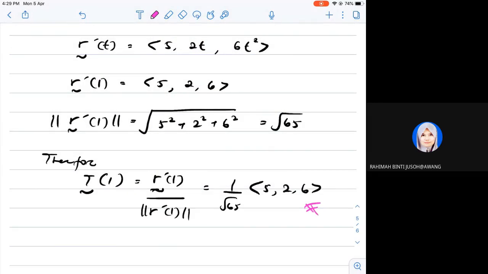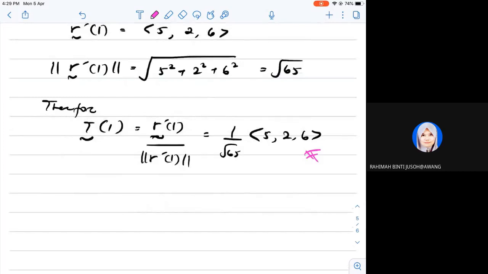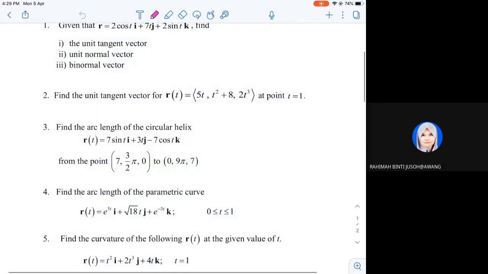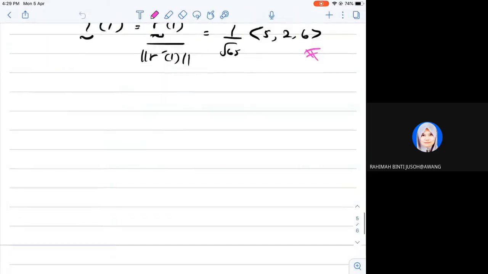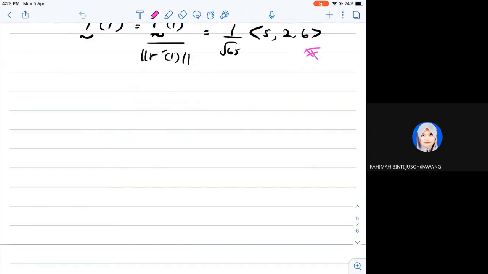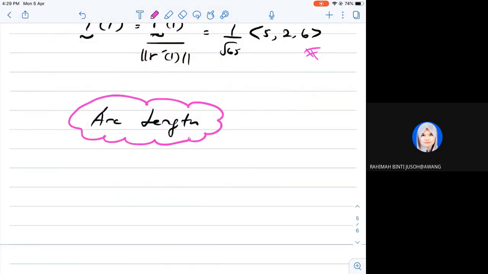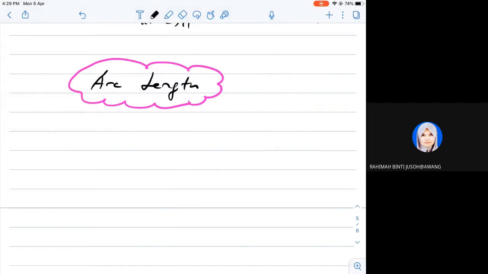Next question number 3. Number 3 soalan apa? Okay, arc length. Arc length. So let me explain a bit about arc length. Arc length is denoted as L. Okay.